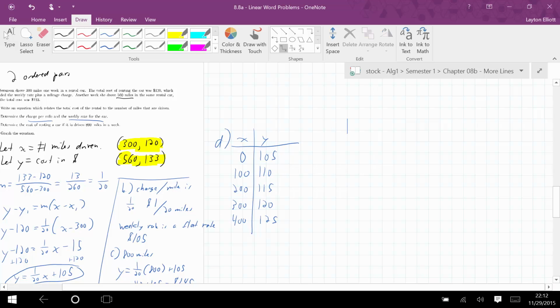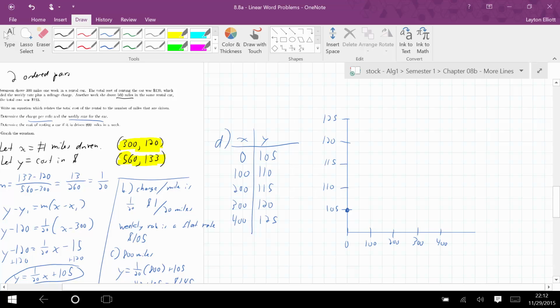So then if I graph that just on a first quadrant graph, I got 0, 100. Notice how I'm spacing this out a little bit just so I can draw it easier. And I'll space these out too. 0, 105, 110, 115, 120, 125.